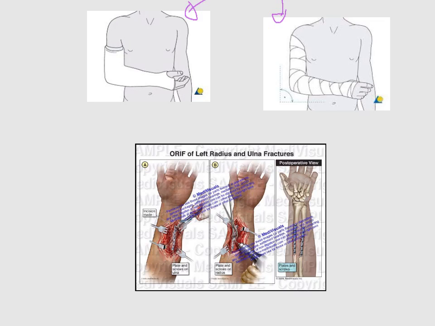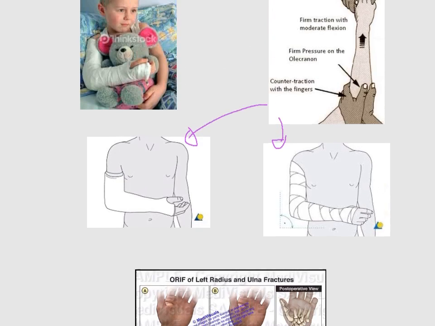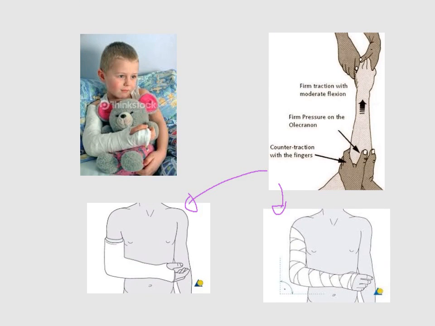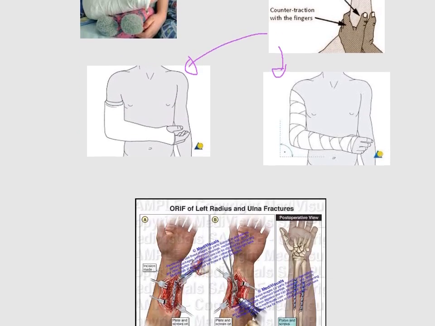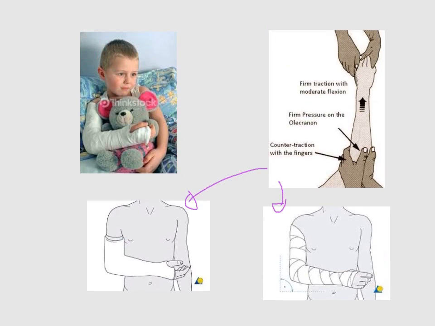So this is the treatment of radial and ulnar fracture in children and in adults. Of course, again and again, don't forget to do a neurovascular examination before and after anything you want to do to treat the fractures. Okay, see you in the next video.